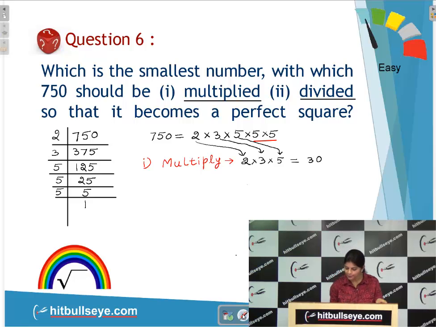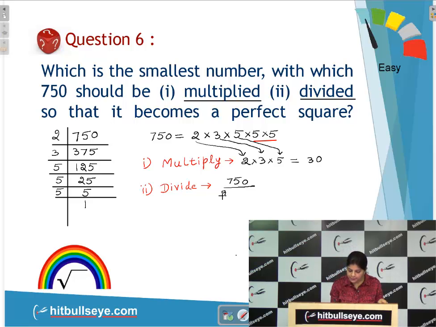Now in the second part of the question, where we need to find what needs to be divided, again, whosoever factor's pair is not complete, we will divide by the same number and eliminate it.